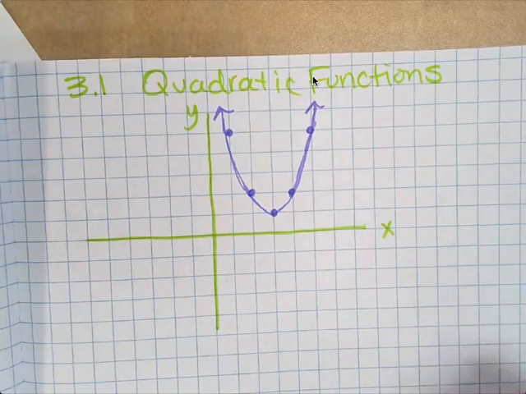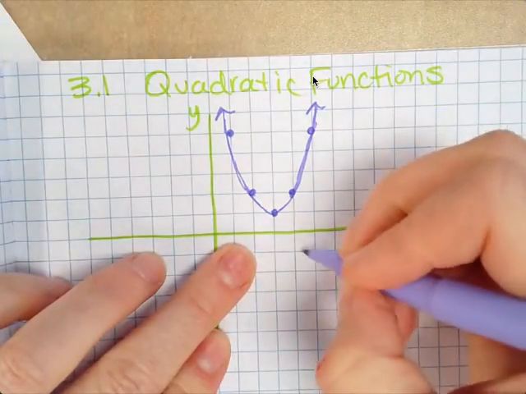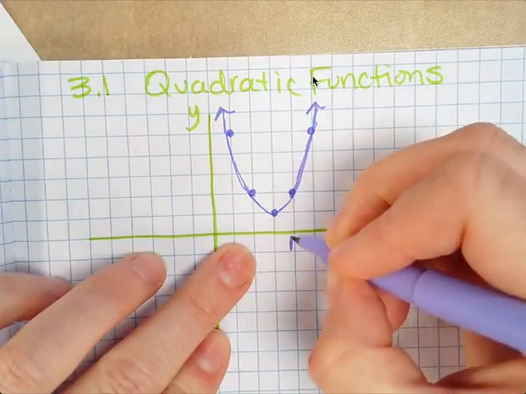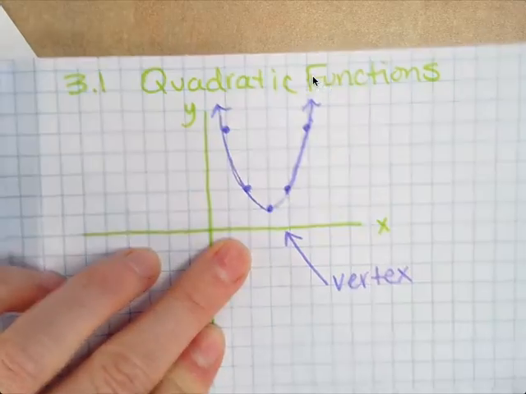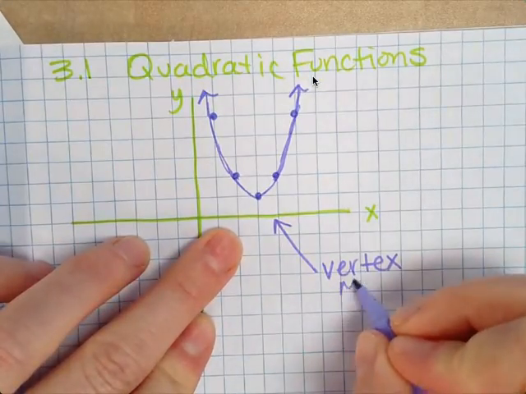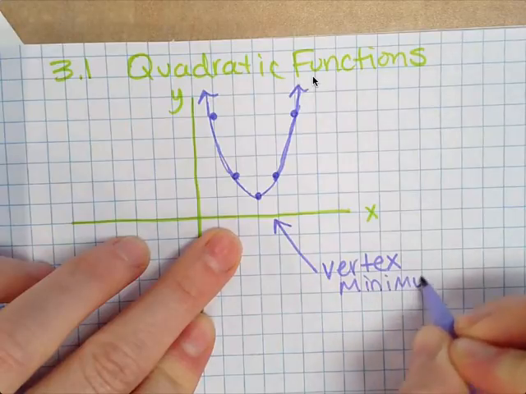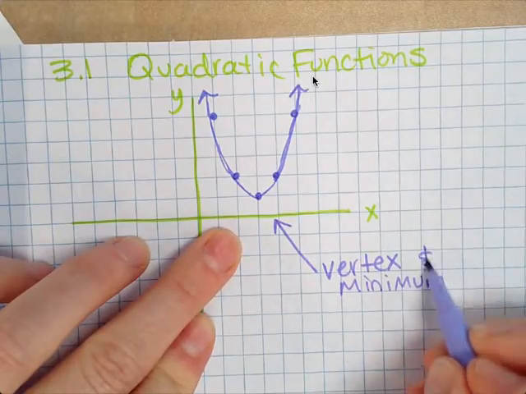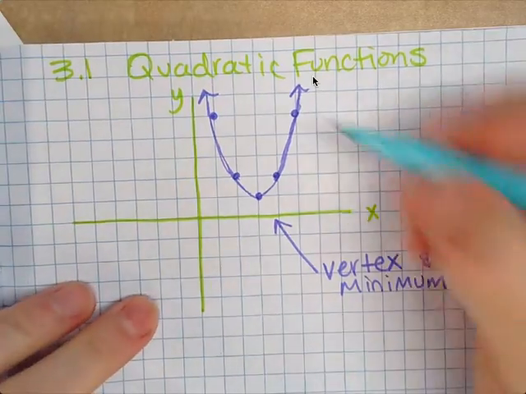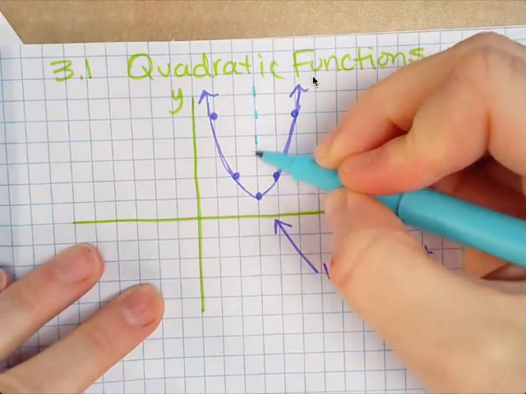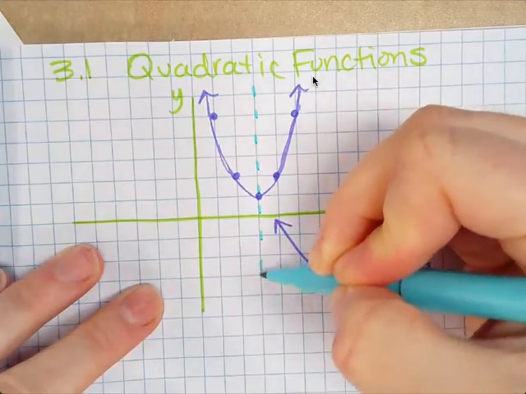So we're going to label some things on here. So one of them is right there. That is our vertex. And in this case it is going to be our minimum. And then our axis of symmetry goes down the vertex.